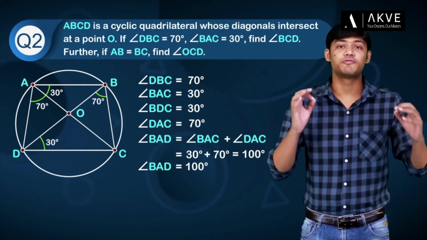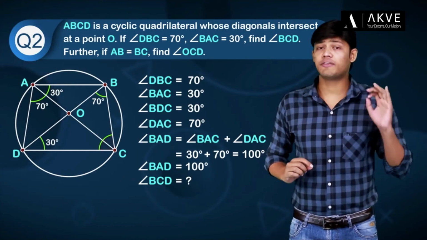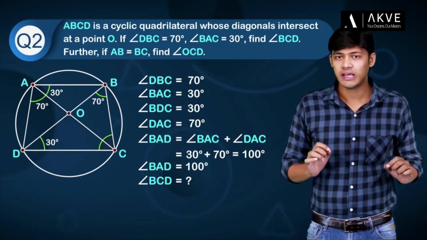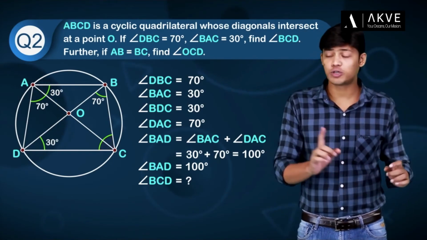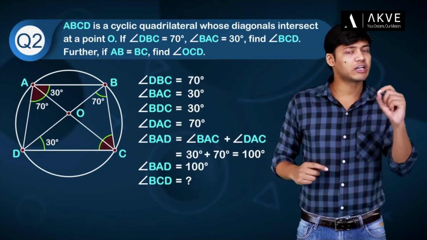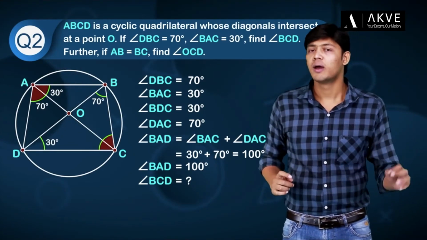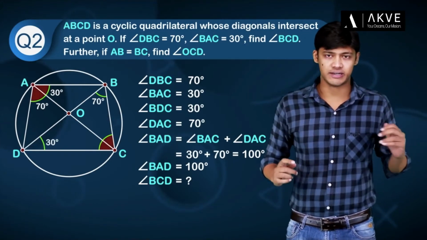Our aim is to find the angle BCD. If you observe carefully, the angle BCD is the angle opposite to the angle BAD. And we know that in a cyclic quadrilateral, the sum of the opposite angles must be equal to 180 degrees.